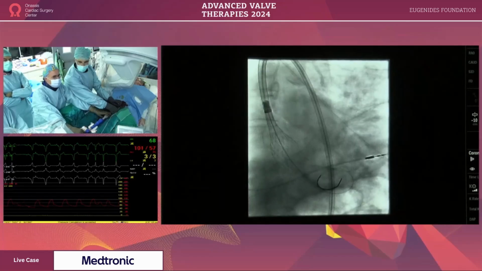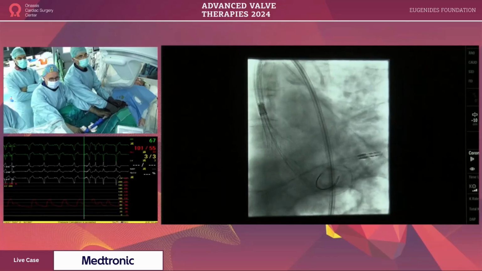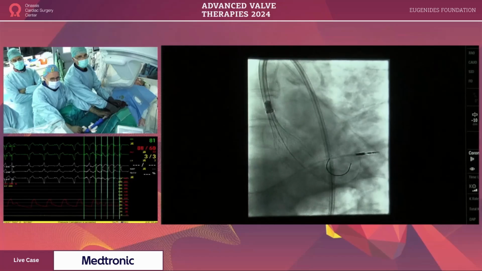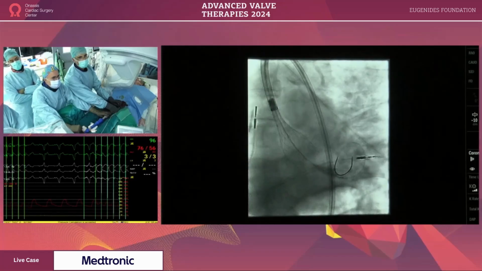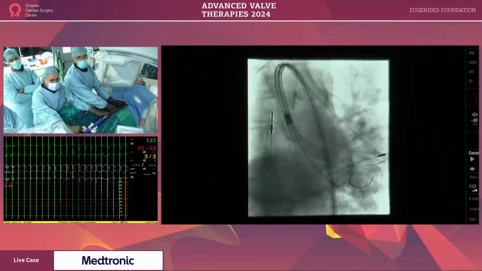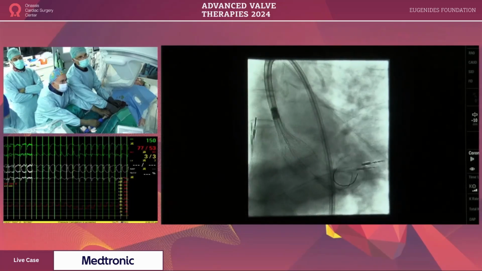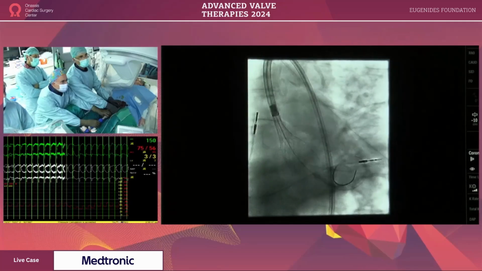Pace 150. He's not capturing, so don't worry about it. Just release with a push. If you don't pull back the wire, maybe much more fast pacing will be needed. So we are fast pacing 150. We'll go to 160.